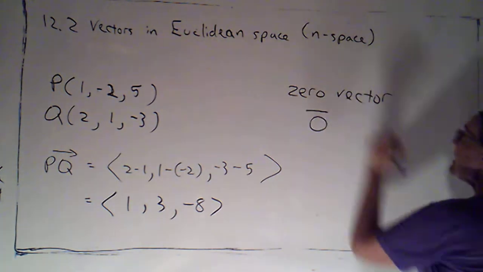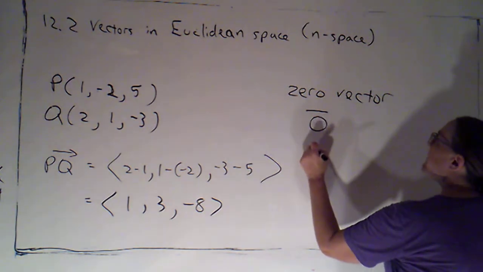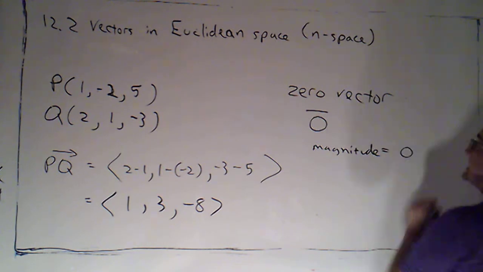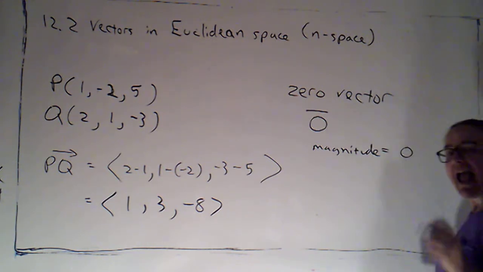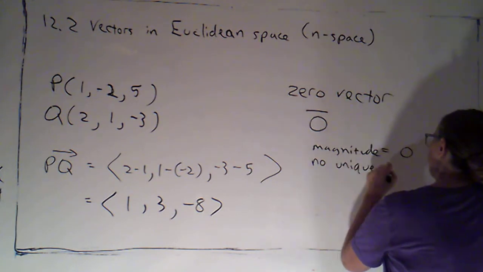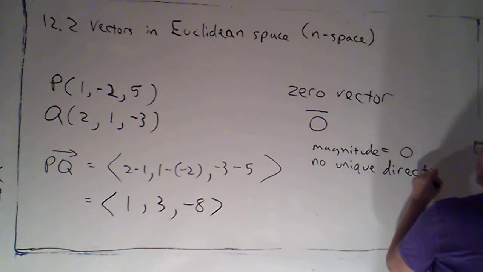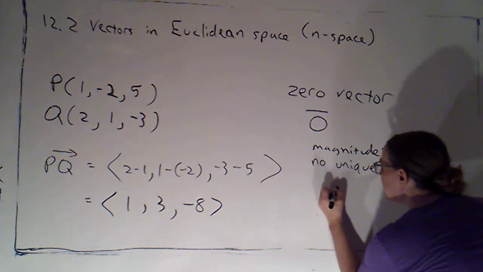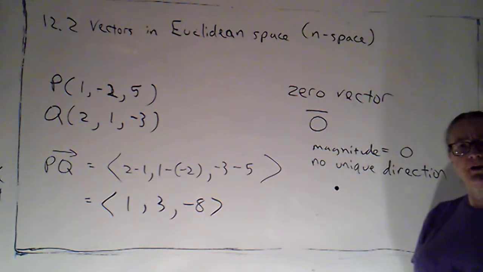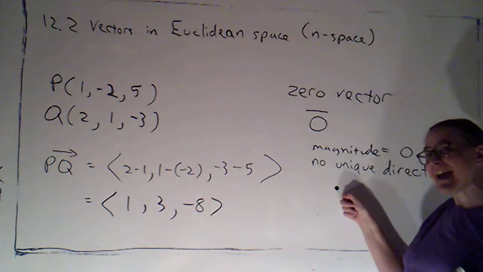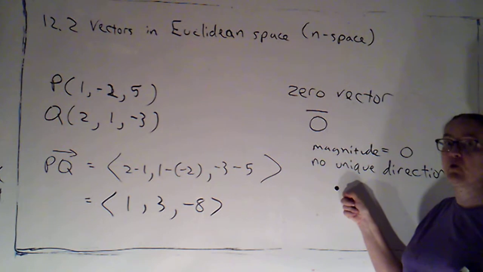If I have the 0 vector, the magnitude of it is equal to 0. And what that means is that there's no unique direction. If I want to represent it graphically, it's like an arrow, but where the tail and the tip are the same. So there's no shaft to the arrow. I would represent that just as a single point.